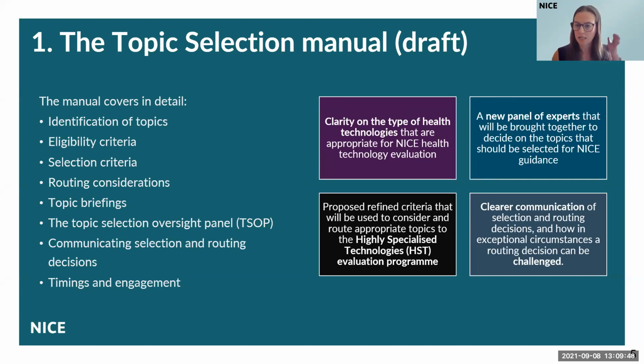But as Jen has said in her introduction, the webinar on the refined routing criteria for that programme was presented last week. So if you missed it, you can look at the NICE YouTube channel to look at that. And then lastly, clearer communication of selection and routing decisions, and how in exceptional circumstances a routing decision can be challenged.